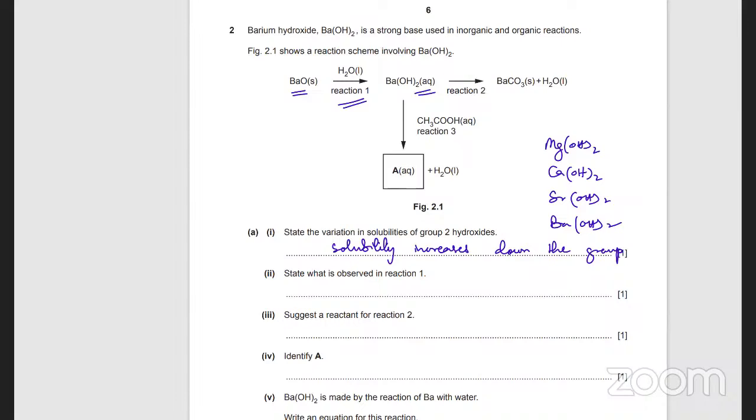Simply listen, the reaction is already in front of you. Just tell me what you would observe. What would you see? Barium hydroxide. You had a solid and it's dissolving, right? That's it.